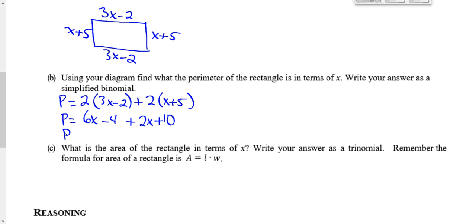Combine like terms. 6x and 2x is 8x. Negative 4 plus 10 is 6. That's your perimeter. How'd you get negative 6? Maybe that's the 10. I did negative 4 plus 10 and I got a slight little error.